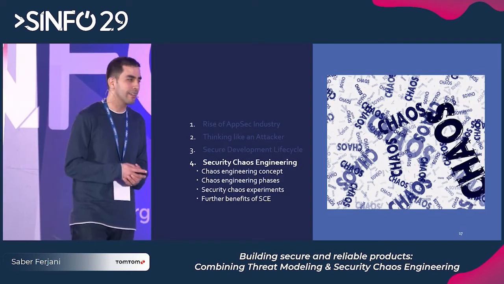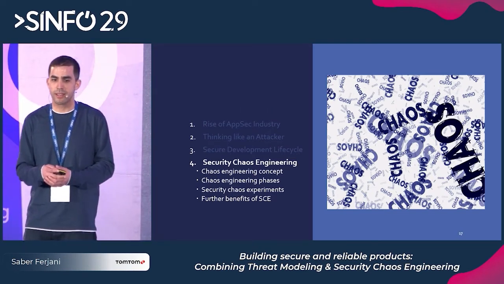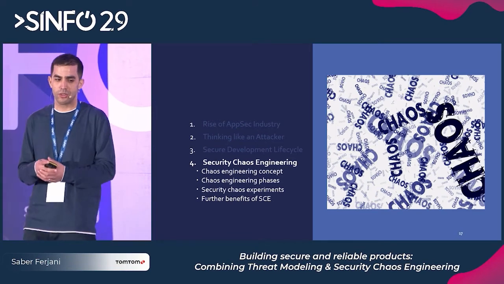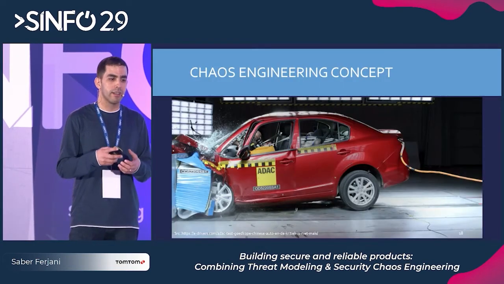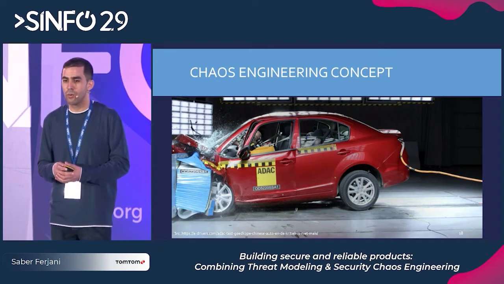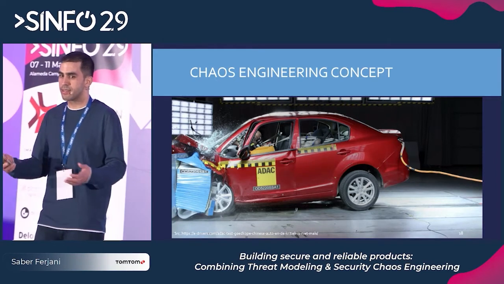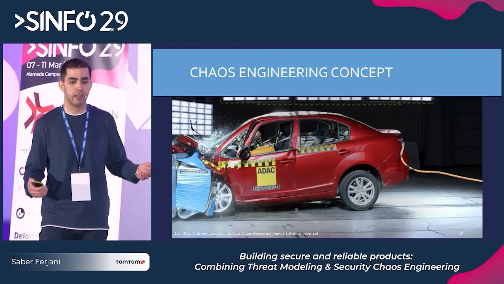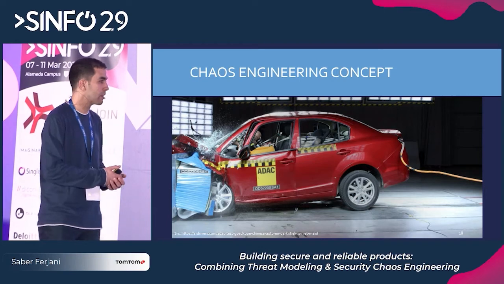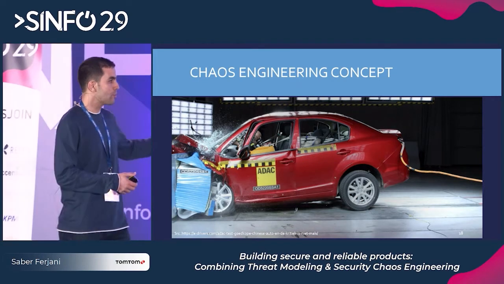Chaos engineering is actually not really related to security. It's a bit of an older concept, which let me start with a bit of a metaphor. In the automotive industry, when OEMs make cars, actually they rely on a set of multiple companies all around the world that are making each of the components. Tires, airbags, I don't know, windshield.